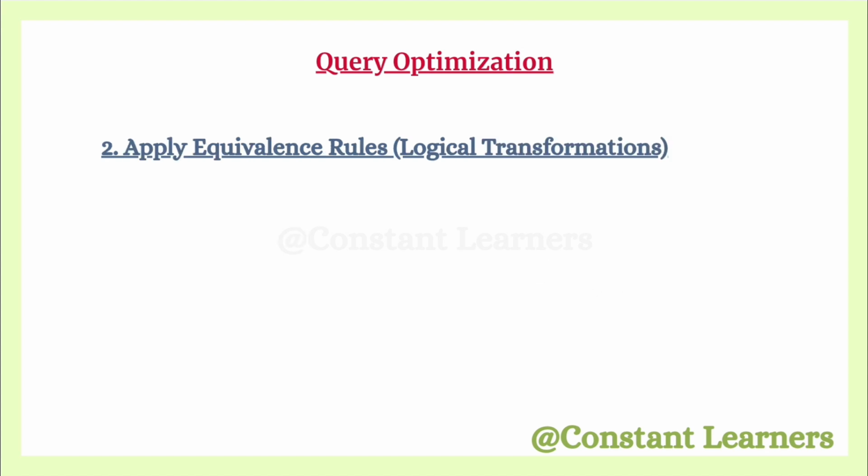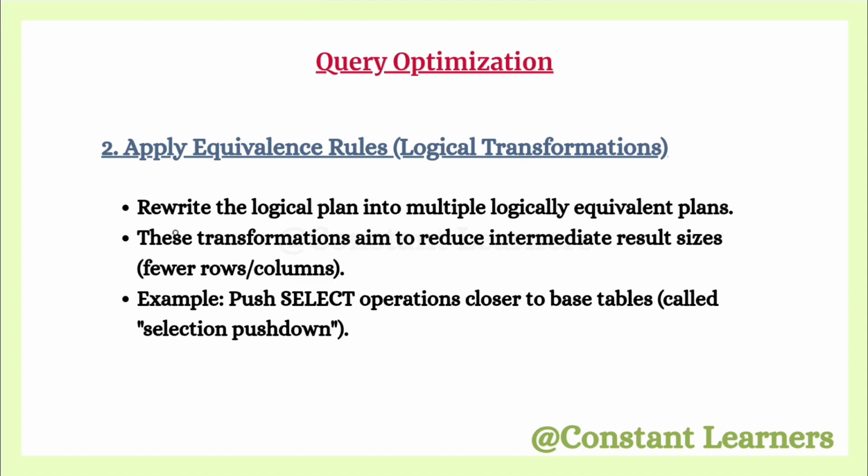Next step is to apply equivalence rules, that is, logical transformation. Rewrite the logical plan into multiple logically equivalent plans because we need the same result. But as we discussed, the same query can be rewritten in multiple different ways to fetch the same result, right? These transformations aim to reduce intermediate result sizes, that is, fewer rows or columns.